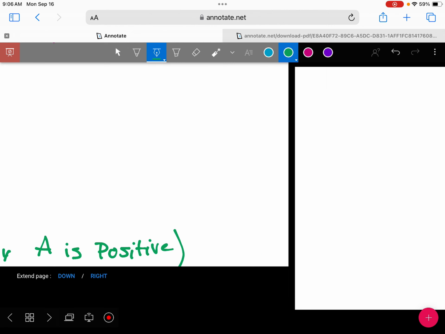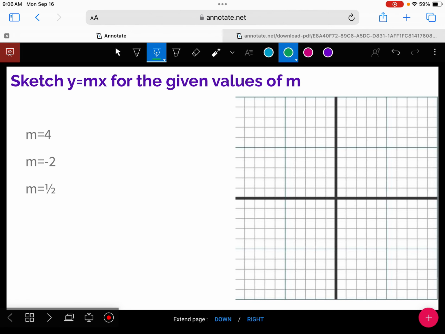A set of lines means I'm going to give you something like this: a sketch for y equals mx with 3 different m's. So we're going to do 3 graphs, and on each graph, we're putting 3 lines, just to help us remember graphing lines.